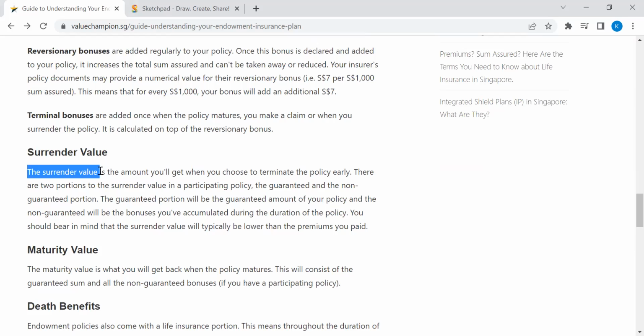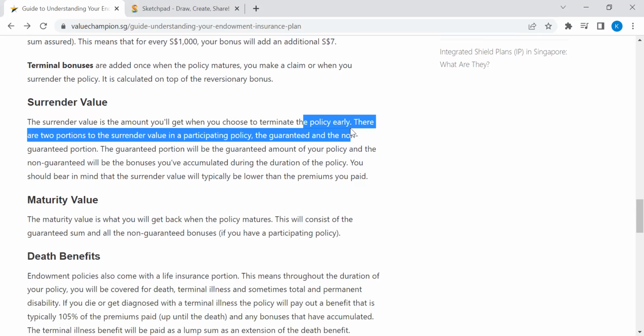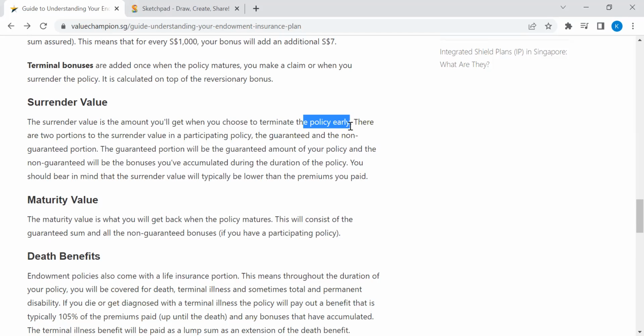Surrender value. Surrender value is the amount that you will get when you choose to terminate the policy early. So what do we mean by early? At the end of the policy term, when your policy matures, that value we call the maturity value. So anytime earlier than that. Let's say it's a 10-year policy. Anytime you decide to surrender it before maturity, you are surrendering early, so you will get a surrender value.